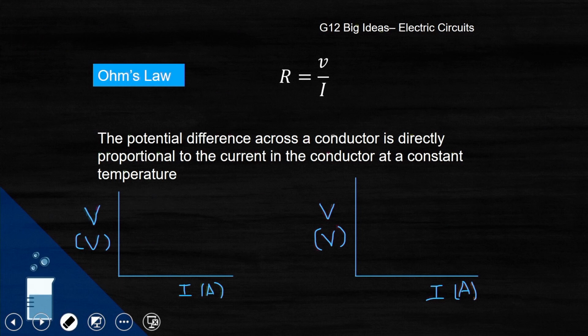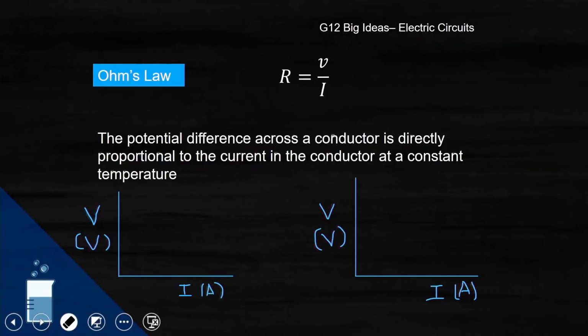Ohm's law, that is going to be our first big idea. Ohm's law is a definition that you need to know off by heart. There are key words to this. So let's look at it, and then we will look at the understanding behind it.